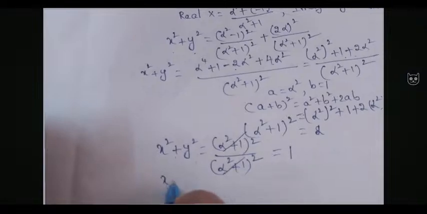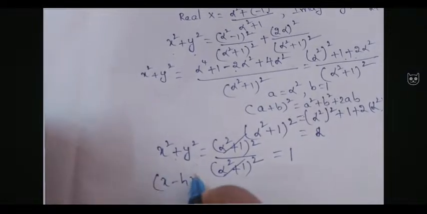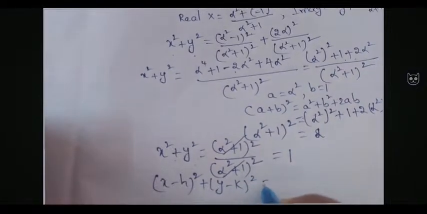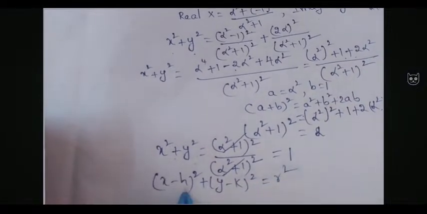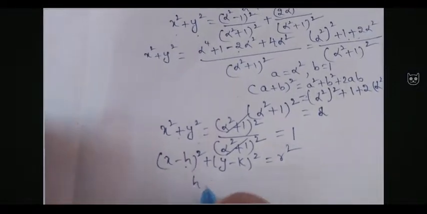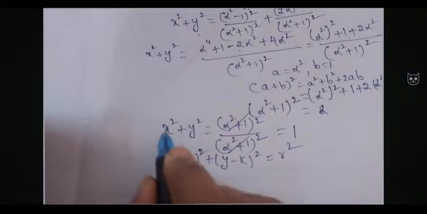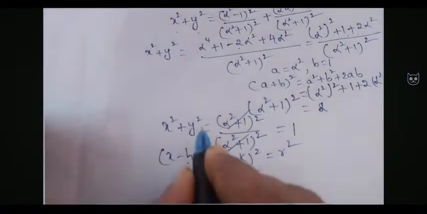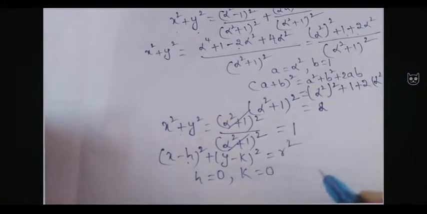We know that x minus h whole square plus y minus k whole square is equals to r square. So here h, k are the centers. There is no h here, so h is 0, and there is no k in this, so it is 0.